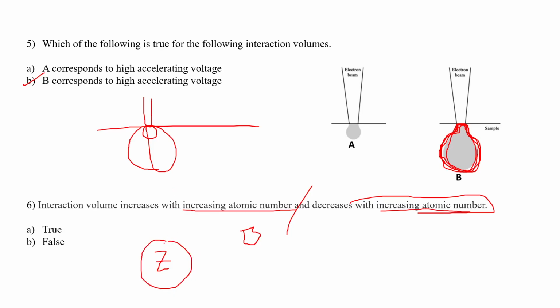So it will repel the electron beam, and as a result the interaction volume will be smaller. So the statement that interaction volume increases with increasing atomic number is false, but the second statement is true. There is a problem in this question, but you just need to understand the concept.